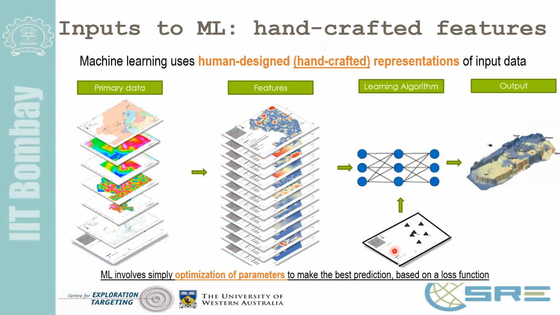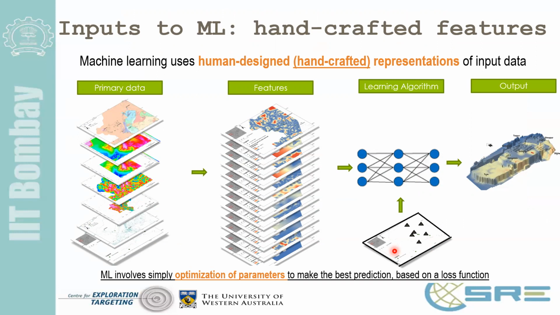So this is the flow chart. I have my primary data sets, which come in the form of gravity, magnetic data, radiometrics, remote sensing. It could be geological maps, structural maps. So these are the typical data sets at 1 to 50,000 to 1 to 250,000 scale that we are using for prospectivity modeling.